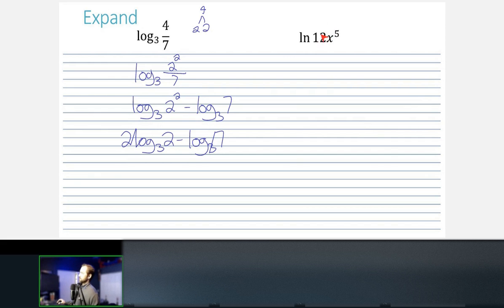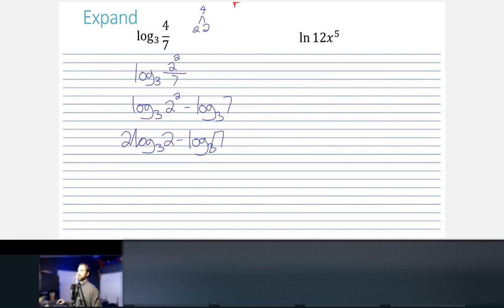Now let's say that 12 wasn't there and it was natural log of x to the 5th. So let's pretend that 12 is not there. Could we then move the 5 in front? Yes, we could. So we can only move exponents to the front of logs or natural log if the exponent is the entire quantity.